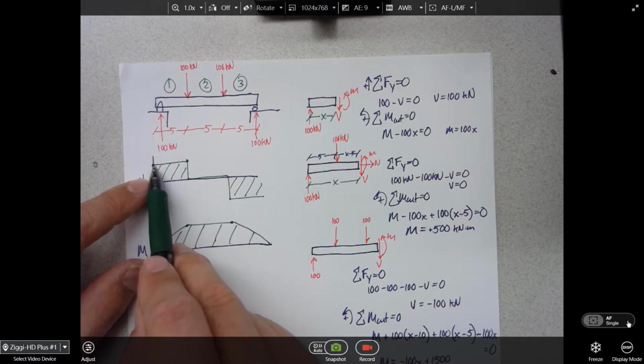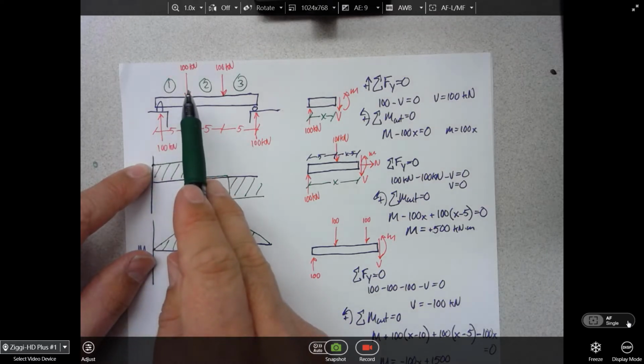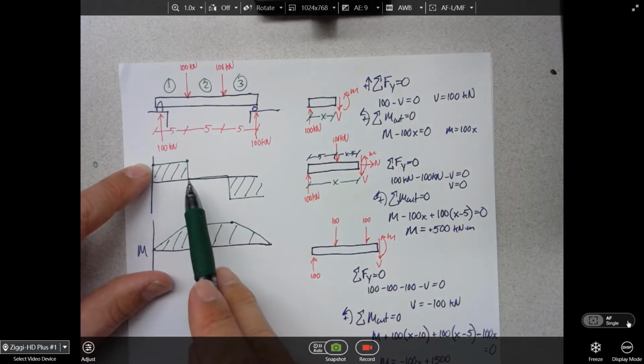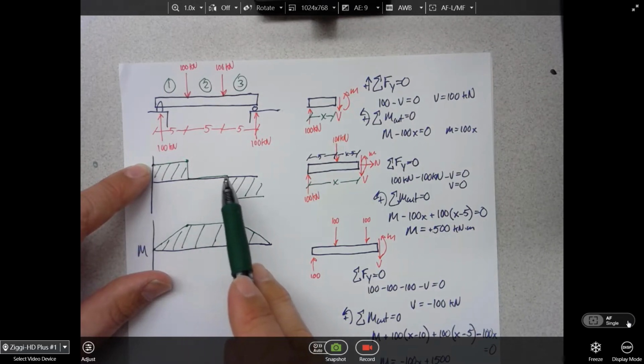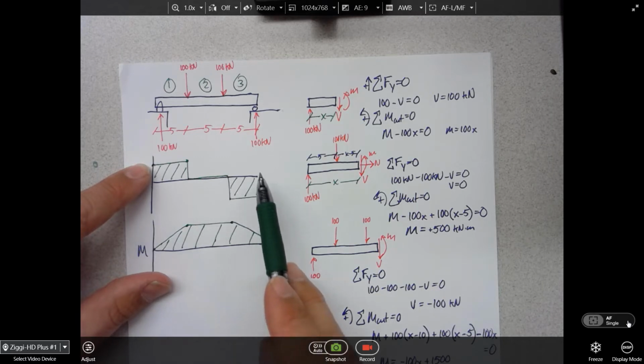It jumps up to 100, right? And then it stays that way until it hits another load, and then what happens? It jumps in the direction of that load, right?